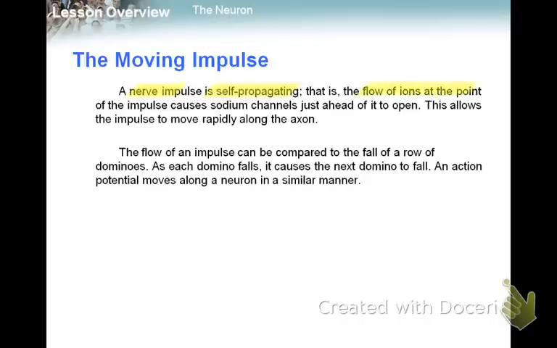The flow of ions causes sodium channels just ahead of it to open. So that causes rapid movement of that impulse along the axon. If you imagine a domino drop, each domino falls and causes the next domino to fall in front of it. An action potential moves along a neuron in a similar manner, so it's almost one step ahead of itself.